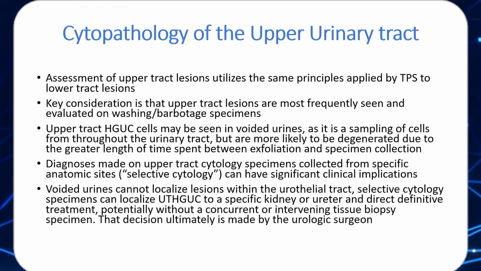If you have those, that should be enough for you to be able to make a call of high-grade urothelial carcinoma in the upper tract samples. Again, with upper tract cytology, we can be very focused on right versus left renal or ureteral disease. So that is very helpful sometimes, which bladder washings or voided urines may not be able to identify. So that's known as selective cytology. And that has been further described in this additional chapter in Paris 2.0.